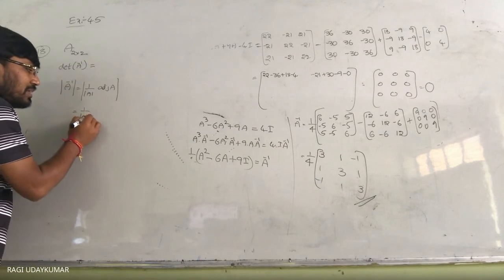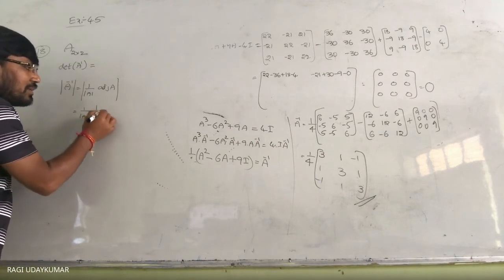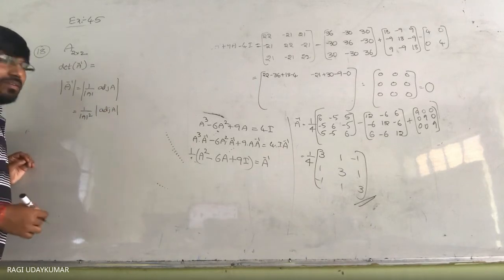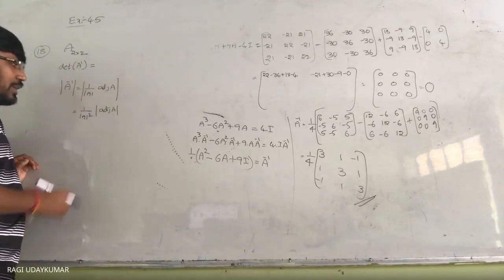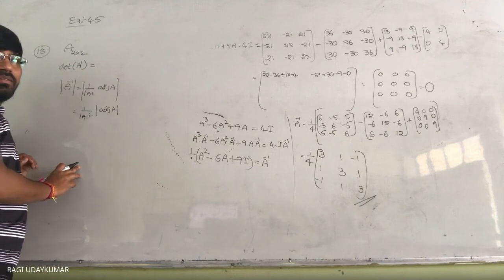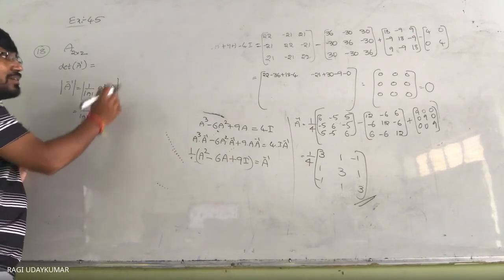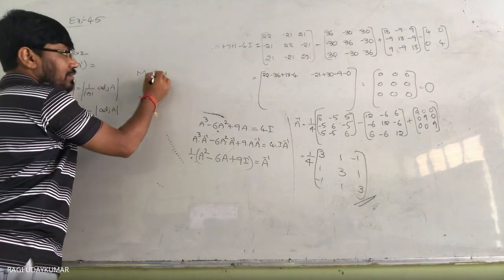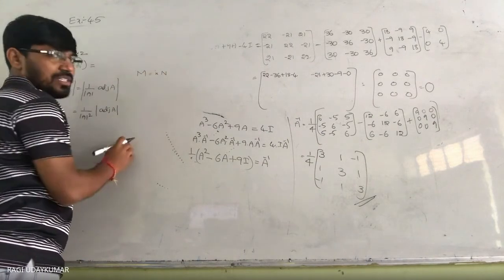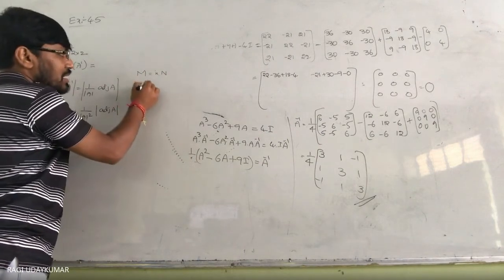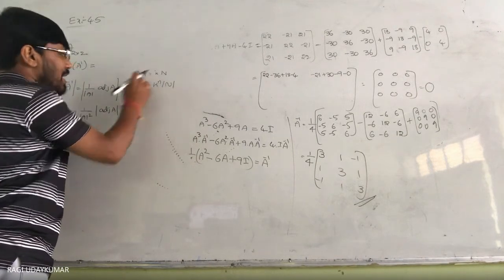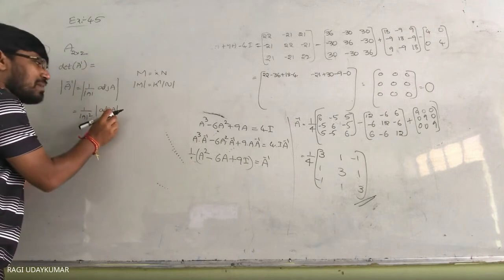So 1 by determinant of A whole square into adjoint of A. Did you get my point here? This is only the theorem: M is equal to K into N, where K is a constant. Determinant of M is equal to K to the power of n into determinant of N. N is a matrix; adjoint of A is also a matrix.